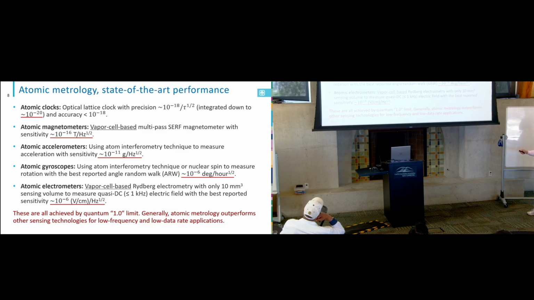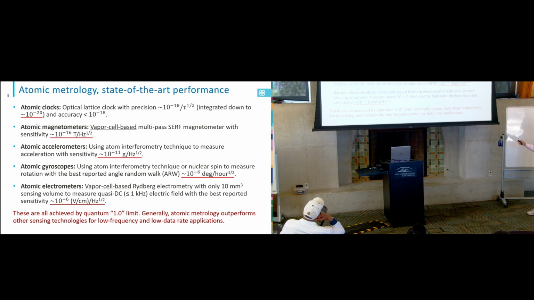This number is really great. What it means, if you're considering the gravitational redshift on the Earth, 10 to the minus 20 means you can see the time dilation or time difference if you just lift your clock by 100 micron. That's really awesome.